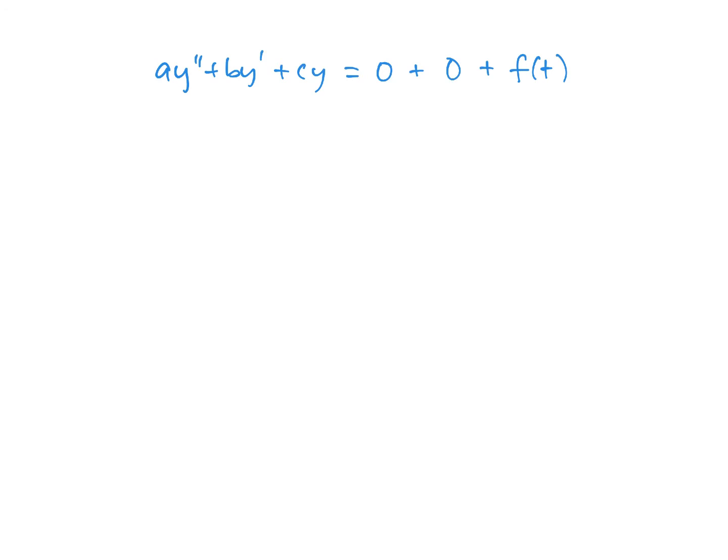So remember from the superposition principle that we just learned, if we want to find a solution to this, we can take each term on the right-hand side separately. So we can take this equation, and let's say we have a solution to this, y1.